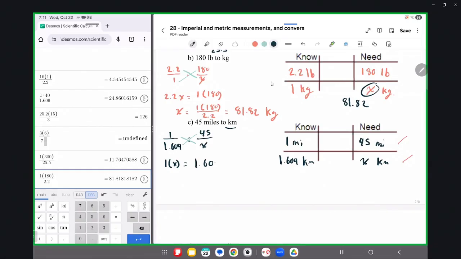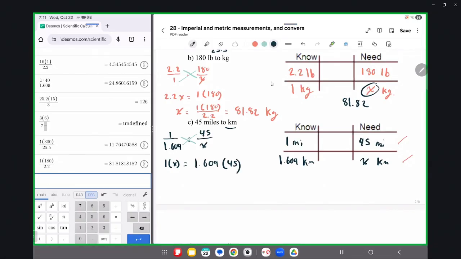So this is going to be like 67, 68, something like that. So we take 1.609 multiplied by 45. Oh, it's actually much bigger. So x is going to be 72.41 kilometers. Okay. So in general, a mile is longer than a kilometer, so this answer does make sense.